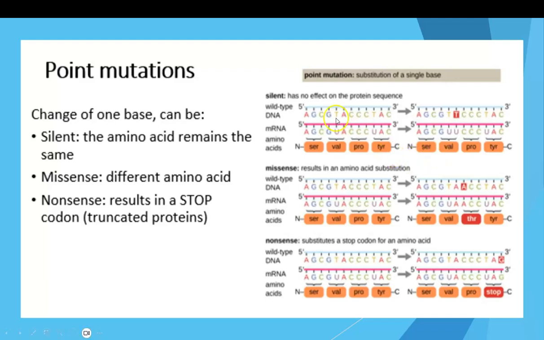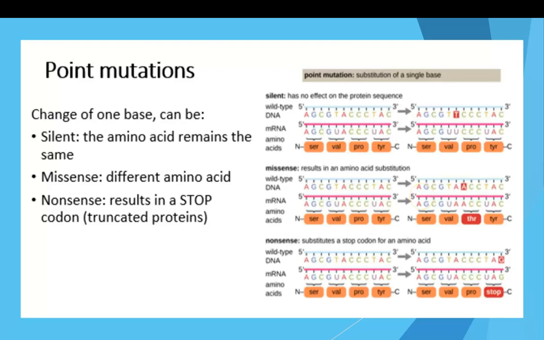We call this a silent mutation. The changes at the DNA level cannot cause any changes at the protein level, so the amino acid remains the same. That's why they call it silent. It's like nothing happened.